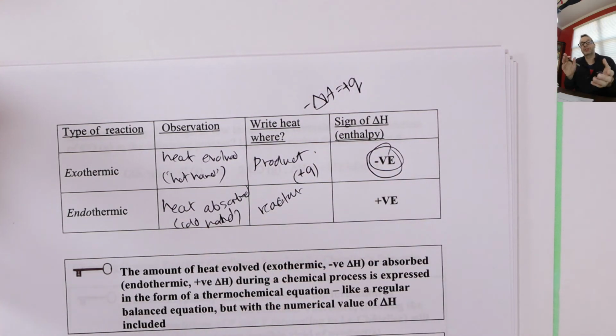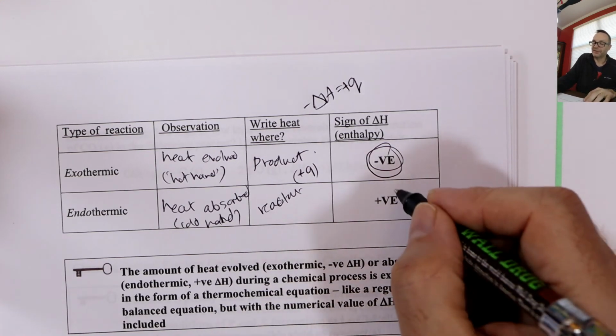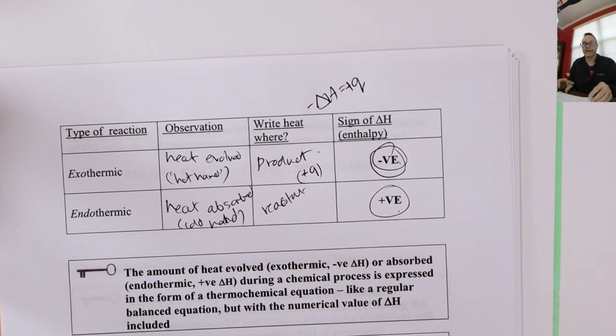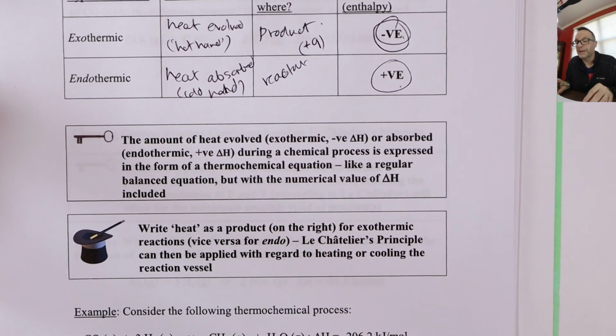When we do these Le Chatelier things with exothermic reactions, we'll write heat as a product and then think: adding or subtracting heat, what happens? Endothermic, we write it as a reactant: adding or subtracting heat, what happens? And the sign of endothermic is reverse from exothermic: positive.